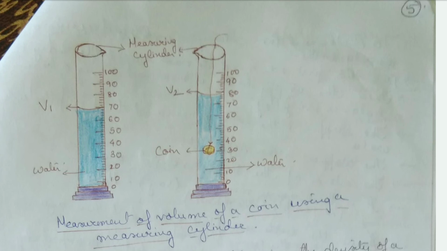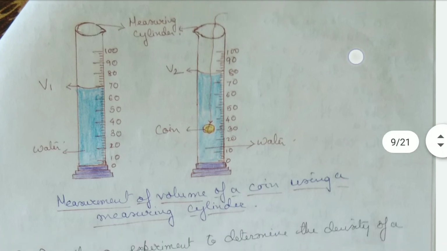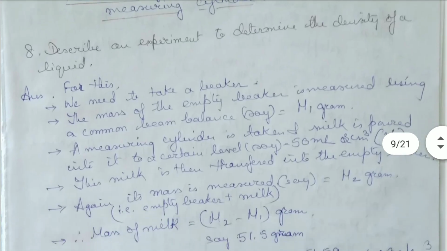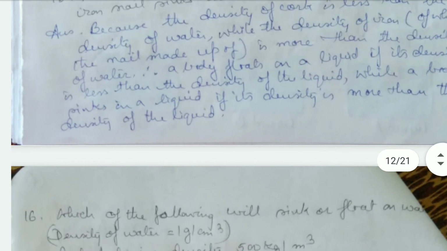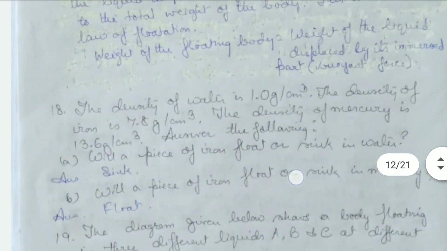Now we note down the final level. Then we subtract the initial level from the final level, and we get the volume of the stopper. The density will be mass by volume. That will be the way in which we can find the density of the glass stopper.